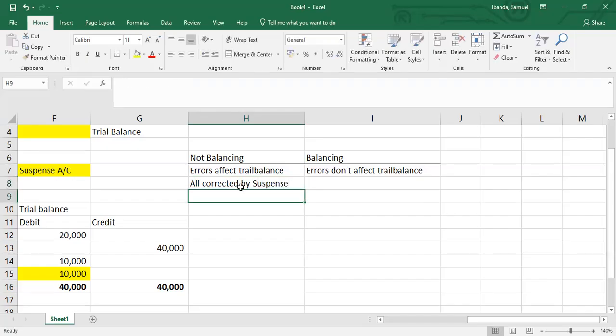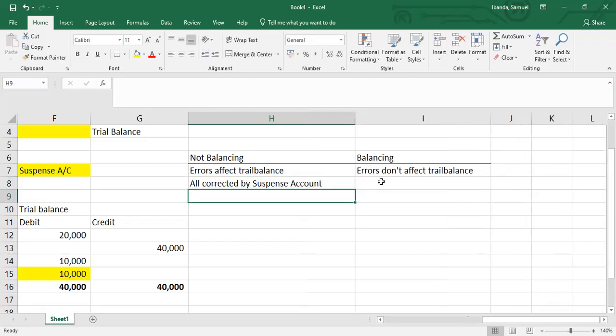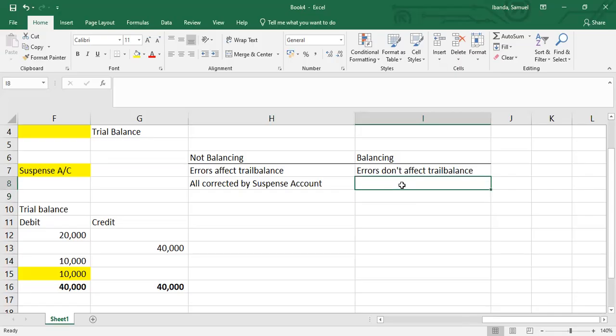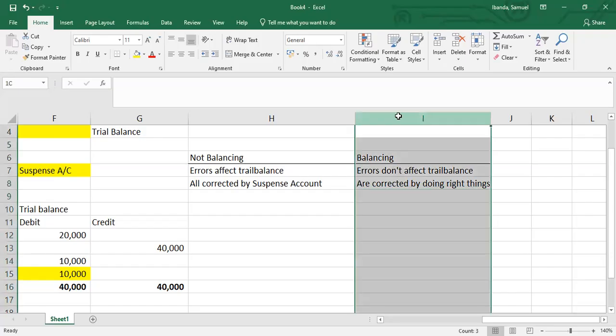Each error that affects your trial balance is corrected by a suspense account. That is something that you need to be able to know. And errors that don't affect the trial balance are corrected by doing the right thing. You basically reverse out what you did wrong, and then you do the right thing. That is basically what we do, and no suspense account is involved for such kinds of errors.